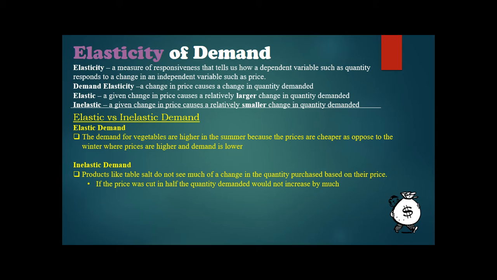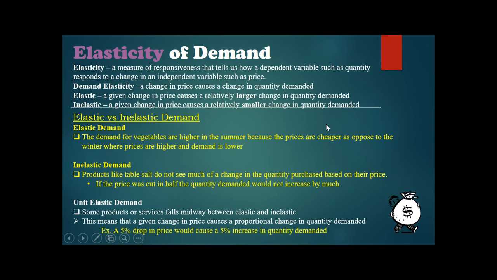So this would be something like, just because the price goes down, you're not stocking up on this thing, because you don't need more of it because the price went down. And maybe there's also issues about saving it just because the price went down. So if there's a sale on an item and you say, nope, I'm not buying more of that, well, that might be because it has a very inelastic demand. These are the things where there's very little change in the quantity demanded based on the price. So that's going to be inelastic demand.